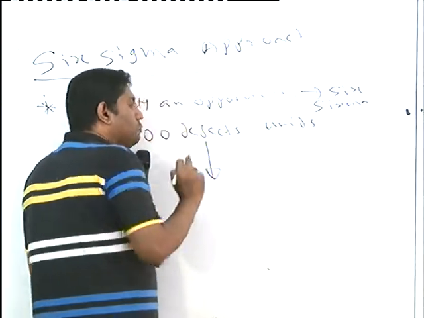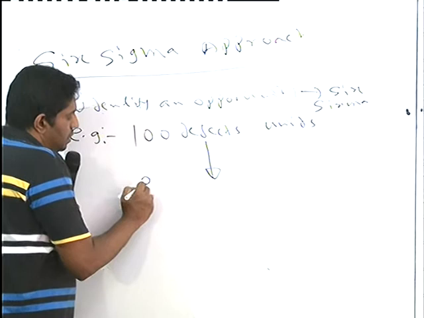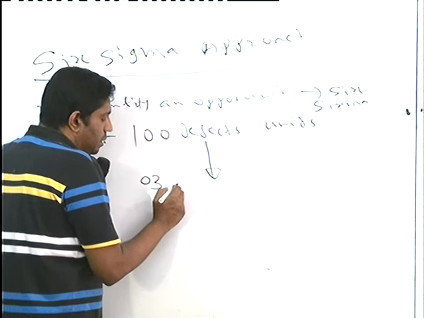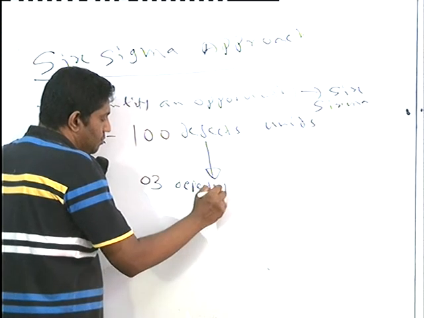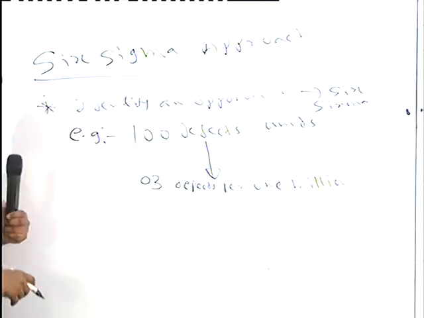Now, we can set a target. That should be the starting point. To achieve the Six Sigma status, we want to ensure the number of defects is less than 3.4 defects per 1 million units. So for example, we set the target to ensure 3 defects per 1 million units produced.